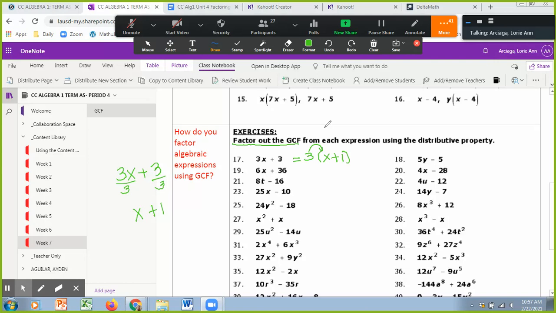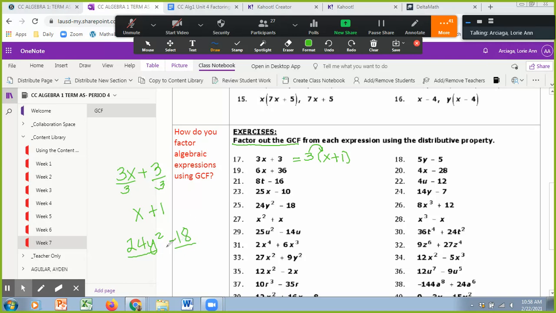Okay, let's try again. Let's try number 25. So for number 25, I write 24y squared minus 18. Tell me, what can divide both of them? It has to be a common number, the greatest common factor.